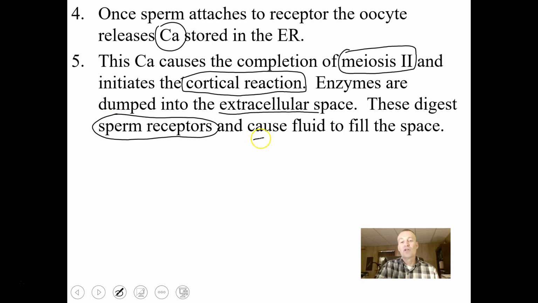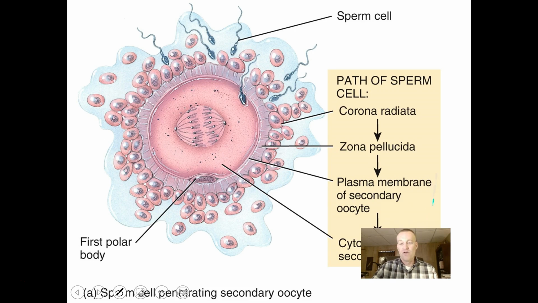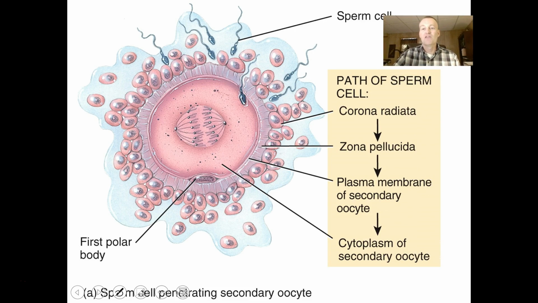They're also going to cause fluid to enter underneath the zona pellucida to fill that space and push the zona pellucida away from the oocyte, and push the corona radiata away, thus pushing sperm cells away from further fertilizing the egg cell.